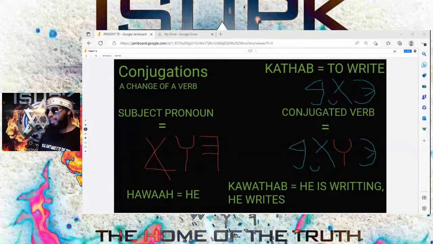So you have kawathab. Kawathab is how you would say he is writing or he writes. This is how you conjugate the word kathab, meaning to write, within the Hebrew.